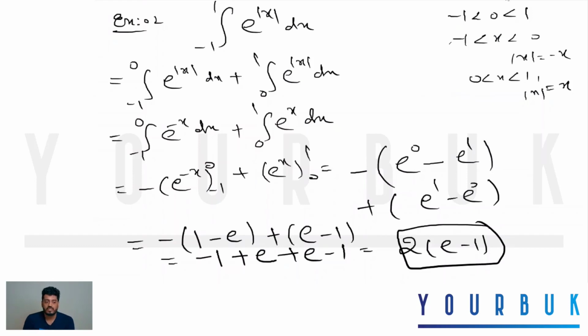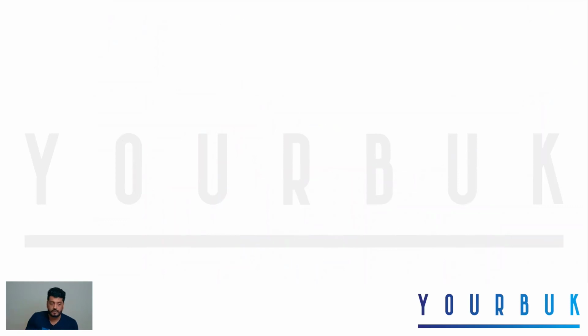So I'm giving you this split up property in various cases, in the exponential case, in the modulus case. Now I'll give you the greatest integer case. Now suppose he says that evaluate the integral, this is our example number 3. Evaluate the integral 0 to 3 greatest integer x dx.